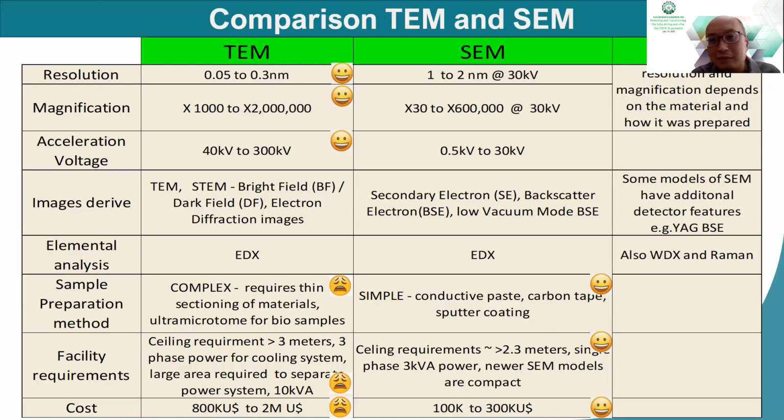In some cases, there are special detectors that use yttrium aluminum garnet, or YAG, detection systems. Both can do EDX. Sample preparation is very complex for TEM. It requires very thin sectioned materials, or ultramicrotome for biological samples. For SEM, it's a simple conductive base with carbon tape, then sputter coated to avoid charging.